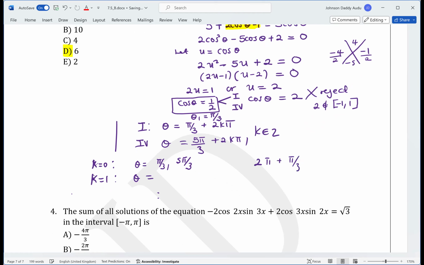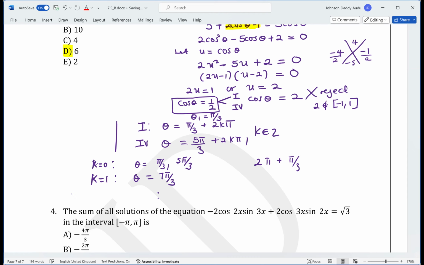Plus pi over 3, right? So this will be about 7 pi over 3, because we can multiply this by 3, which makes it 6. So this is about 7 pi over 3, which is still okay, because we have up to 4 pi. Now, here, what are we going to get?